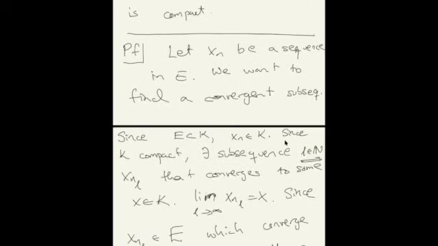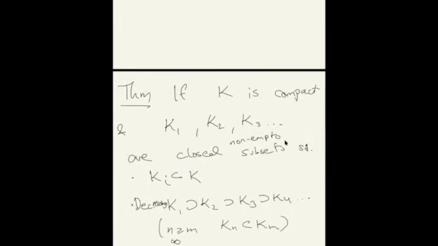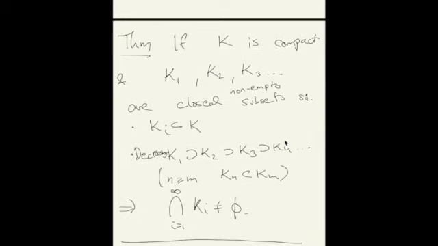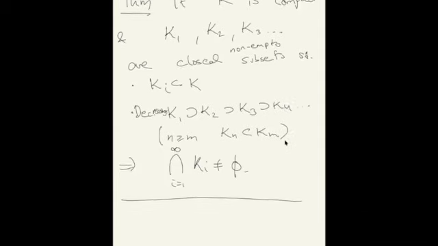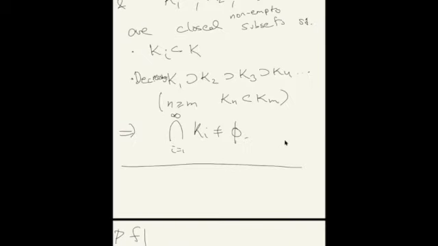Okay, so this is needed mostly to be able to state the next theorem in a slightly nicer way. Okay, so I want to say something about generally if I take intersections of closed sets, that these intersections would not be empty. So we have a theorem that if K is a compact space, I'll draw a picture.